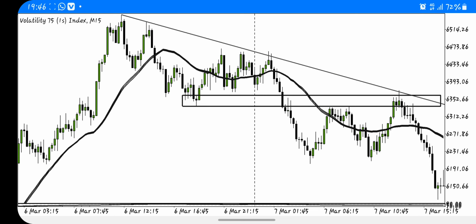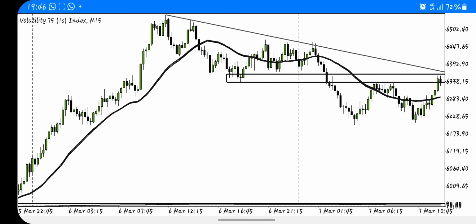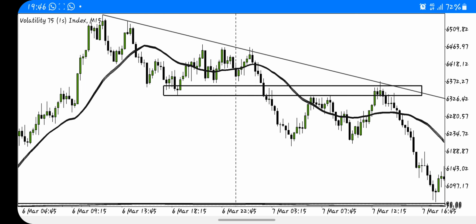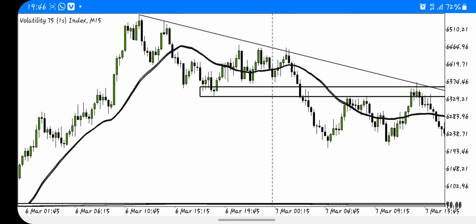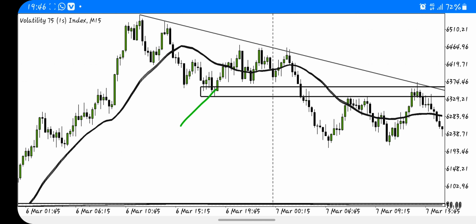As you can see from here, after the third touch, we had a massive rejection. There was a pin bar rejection, and then we had a bearish engulfing rejection on the order block. So we enter after the bearish engulfing candle. Then we place our trades, targeting this low.